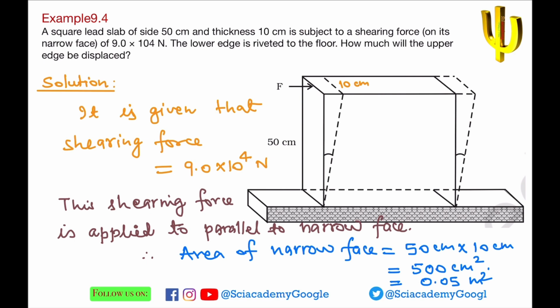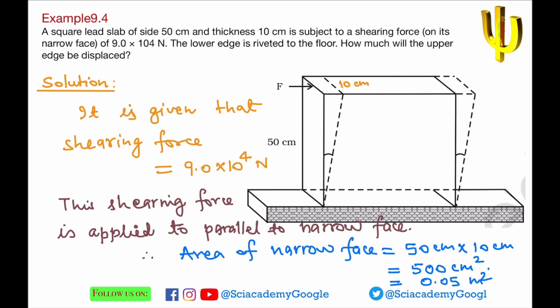So the area of the narrow face is a rectangle. So 10 centimeter into 50 centimeter is the area of the narrow face, that is equal to 500 centimeter square. That can be written in meter square by dividing this quantity by 10 to the power 4.